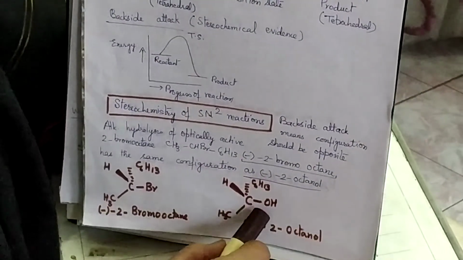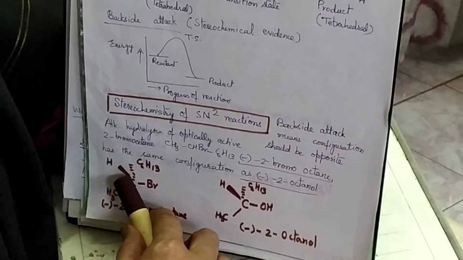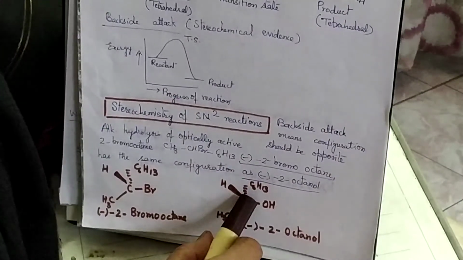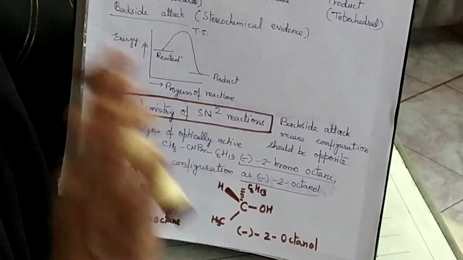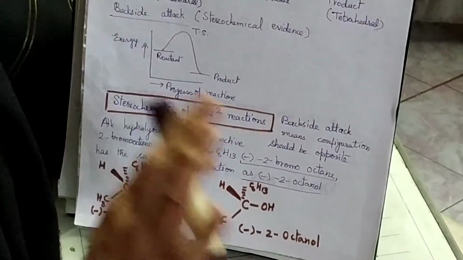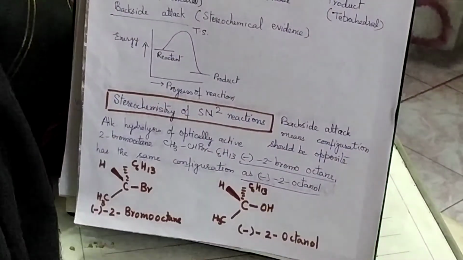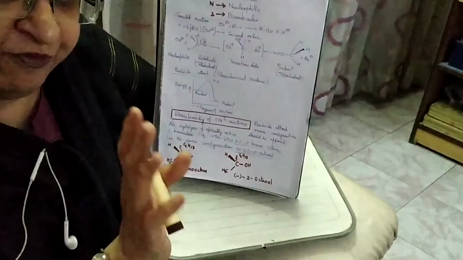Now, it is not always necessary that molecules possessing the same structure have the same sign of rotation as well. I have told you many times that these are two different properties. You have to keep in mind that the sign of rotation and the structure of the molecule are two entirely different things.